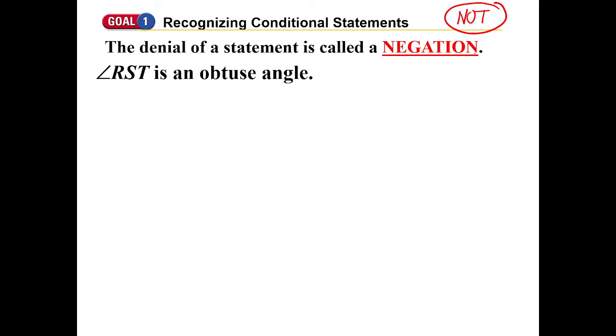Angle RST is an obtuse angle. Where will you put the not? Who can give me the negation of this sentence? It follows the verb. It follows the 'is'. So what is your answer here? Go.